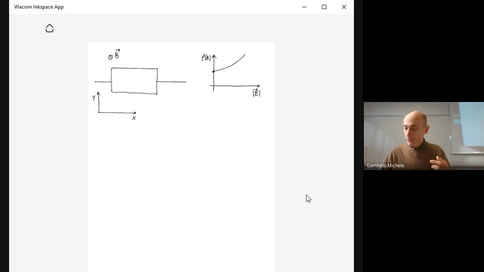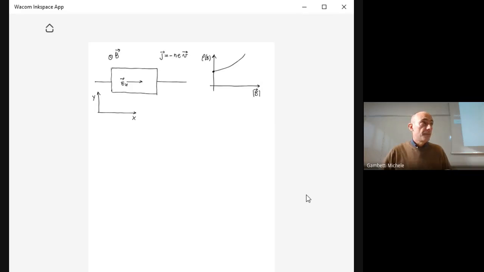If I apply an electric field, it's better to write the vector, in the horizontal direction, then, as we saw yesterday, the current density can be written in that way.